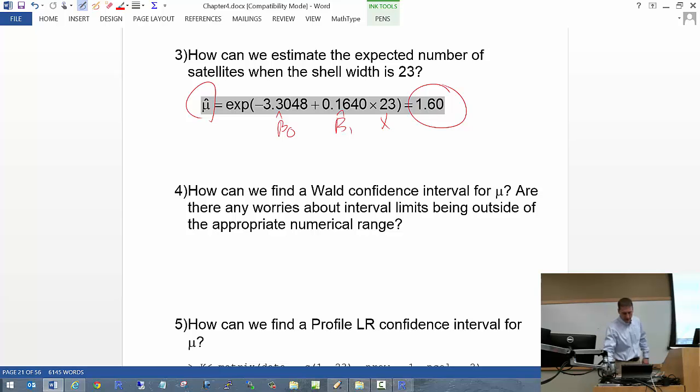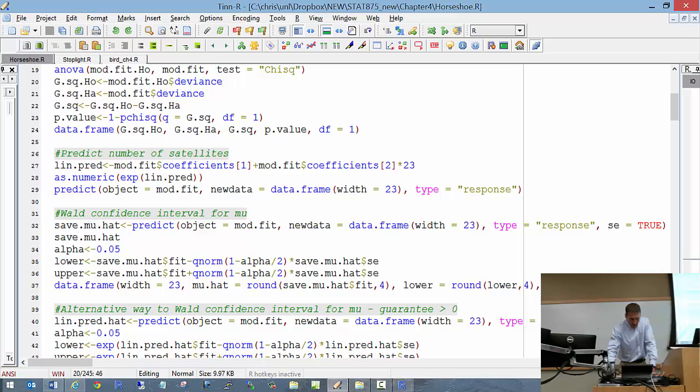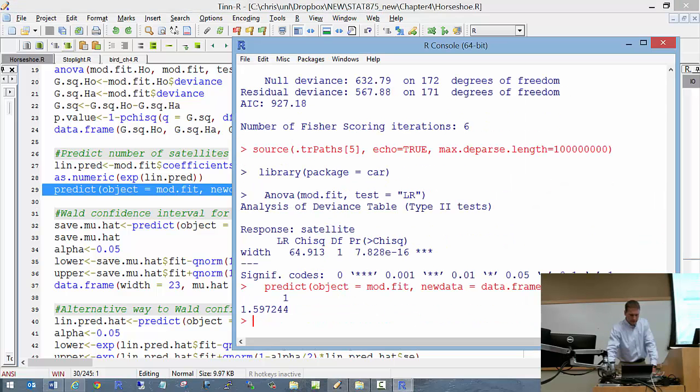Predict function, exactly. So if we take a quick look at that, I can say predict(object = mod.fit, newdata = ...). This is where I can put a new data frame here, and I say width = 23. The type of value that I want produced is response, meaning I want an estimate for the mean. And if I do that, I get 1.6 again.